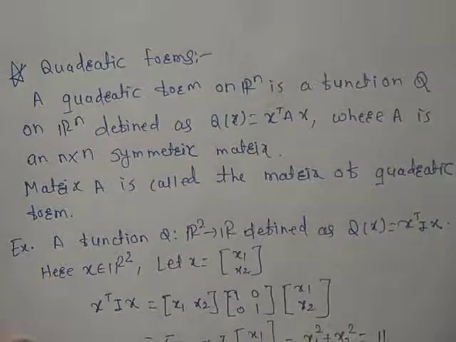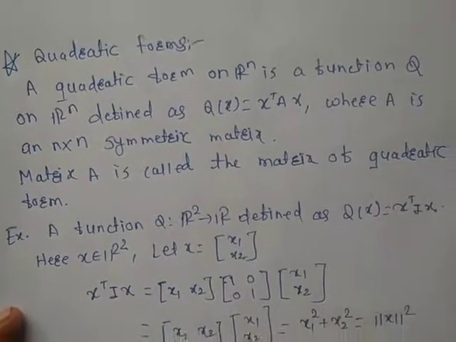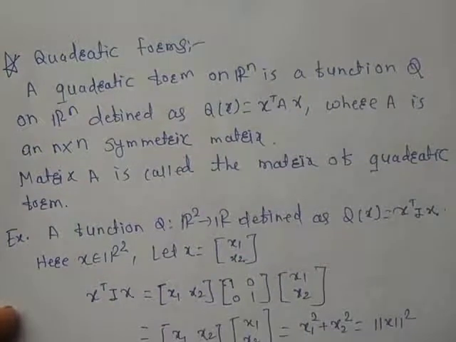This is nothing but norm x squared. This is the quadratic form. This is example number 1.